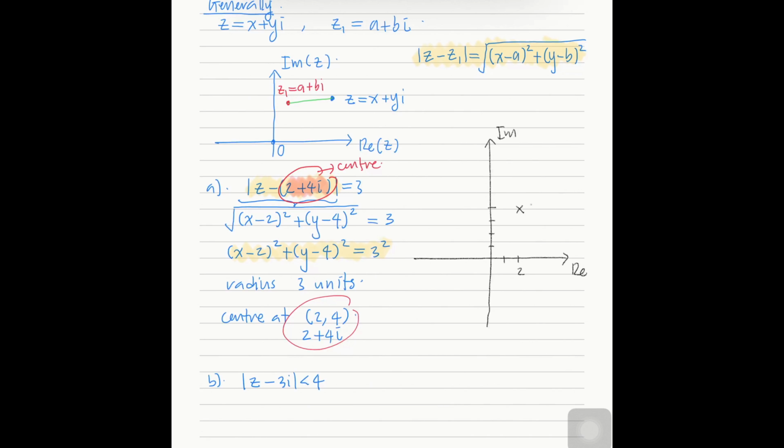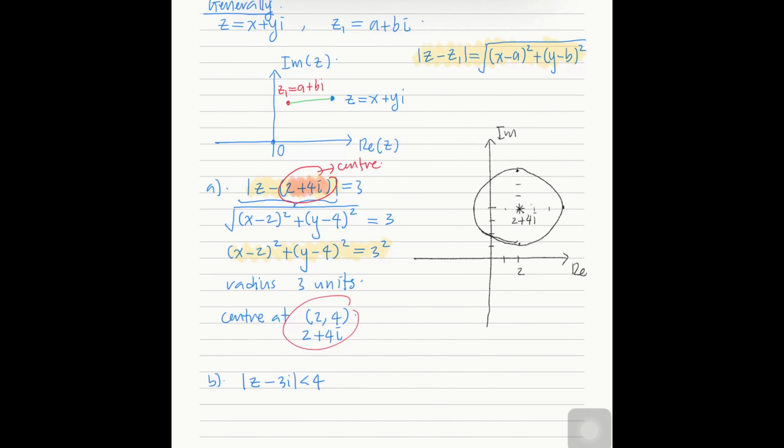So here is the center, where the center is 2 plus 4i. Now we need to draw the circle with radius 3 units. 1, 2, 3 over here, 1, 2, 3 over here, 1, 2, 3. Connecting all these points, we will have a circle of radius 3.